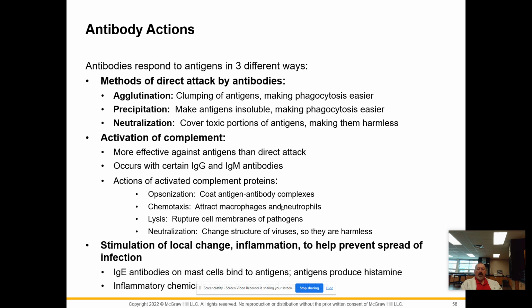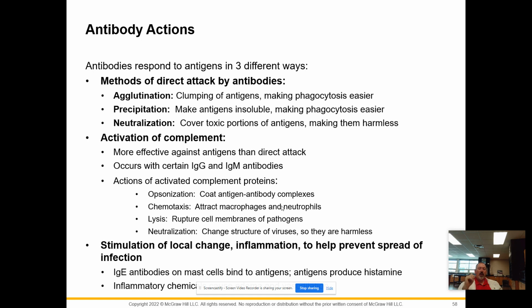So, activation of complement is more effective against antigens than direct attack. This occurs with certain IgM and IgG antibodies. Actions of activated complement proteins include opsonization, chemotaxis, lysis, and neutralization.